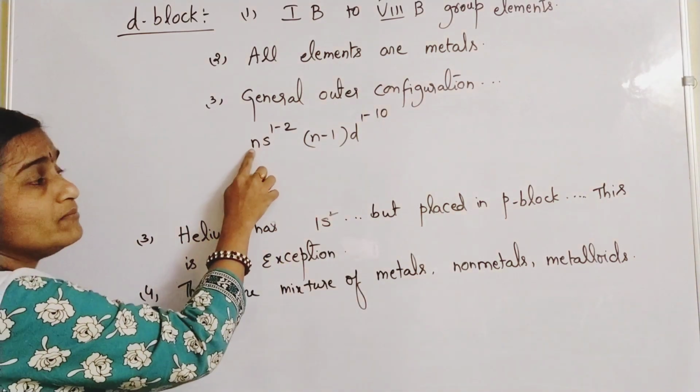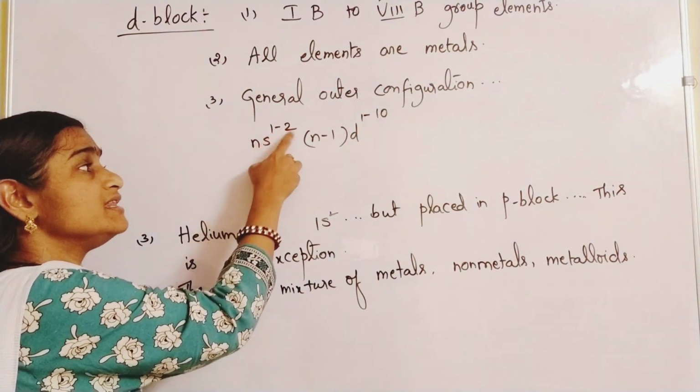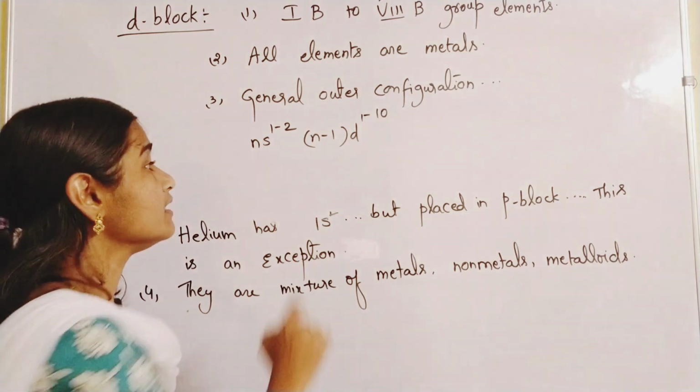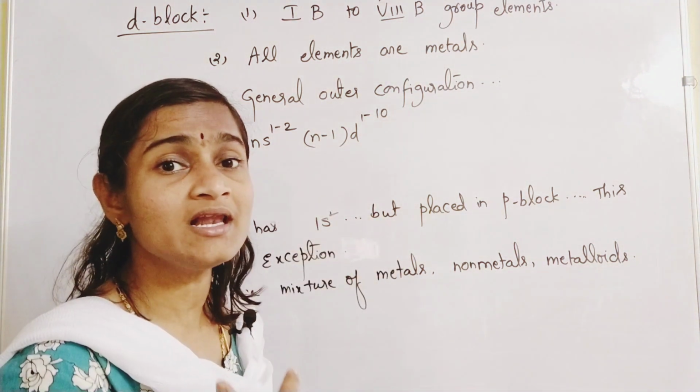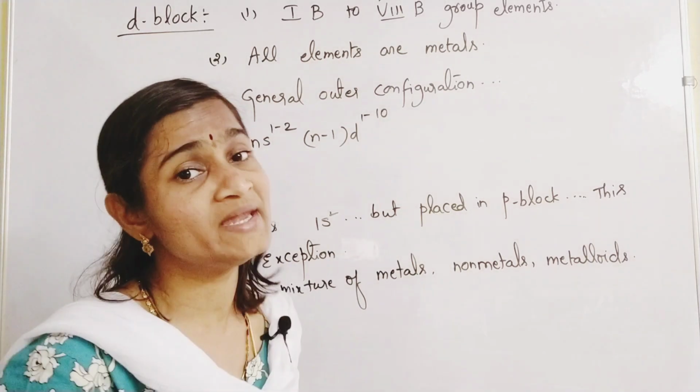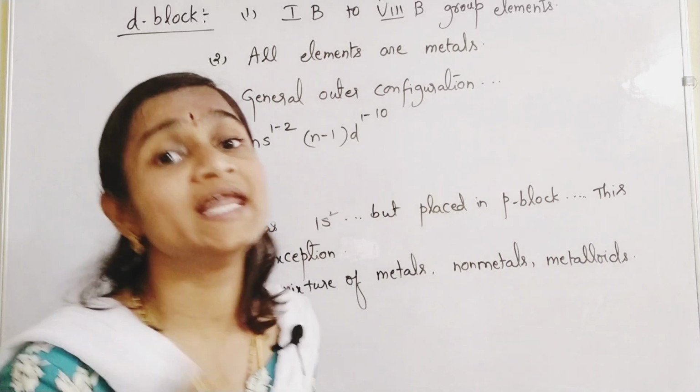Ns1 to 2, n minus 1 d1 to 10 means what? In the nth shell, the last orbit, s electrons can be either 1 or 2. And in the last but one shell, you call it the penultimate shell, the penultimate shell is filled with d electrons.